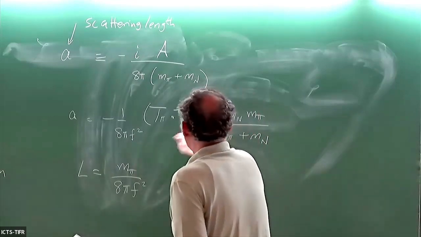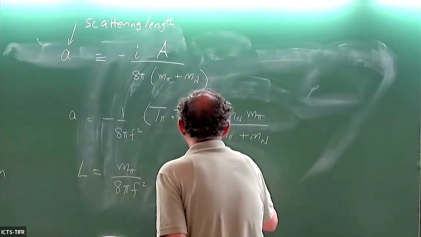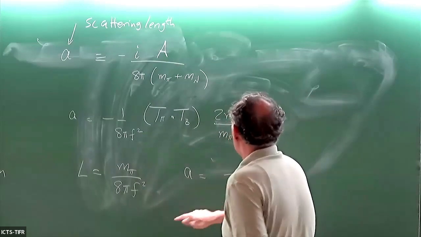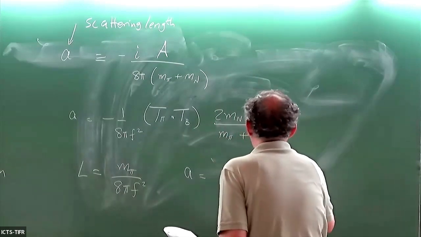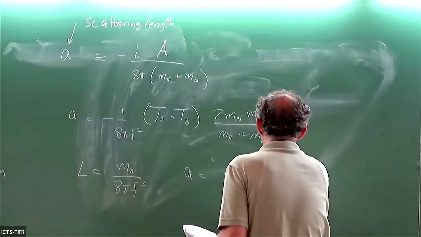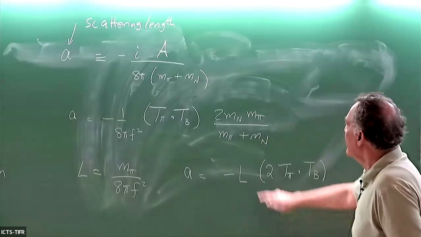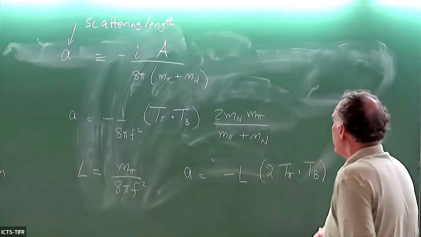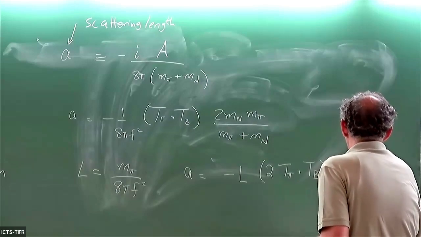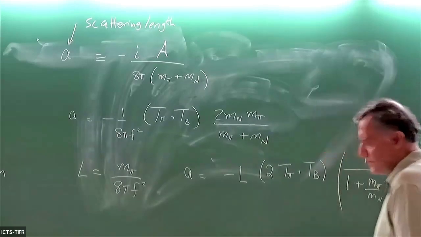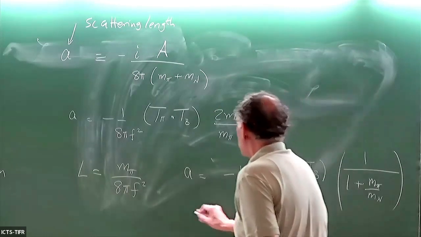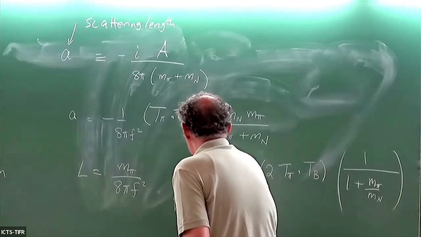And if I pull that out, the scattering amplitude is minus L. The m pi over 8 pi f squared is gone. There's a 2 here, which I'll put along with the t pi dot tb. And then you have mn over m pi plus mn, and if I divide by mn on numerator and denominator, I get a 1 plus m pi over mn. So this is the Weinberg-Tomozawa formula for the pion scattering lengths.